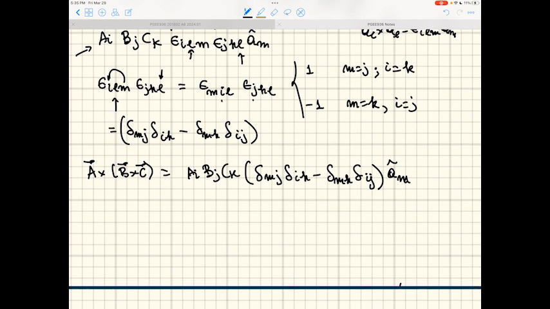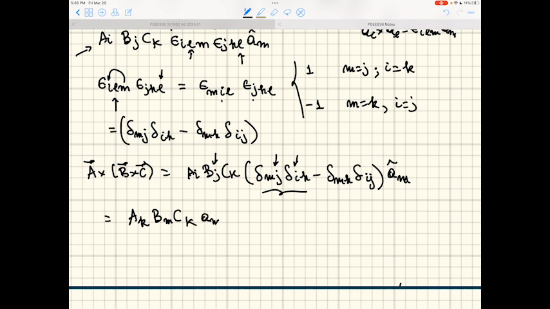Now, under this condition, I can make J equals to M here. I equals to K. So it's going to be, the first term is going to be AK. J equals to M, BM, CK, right?